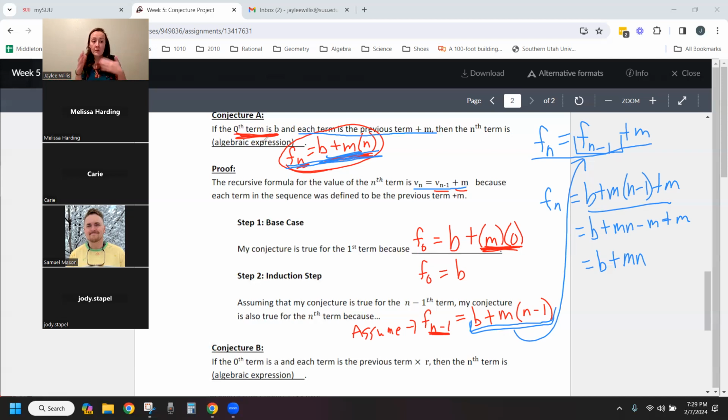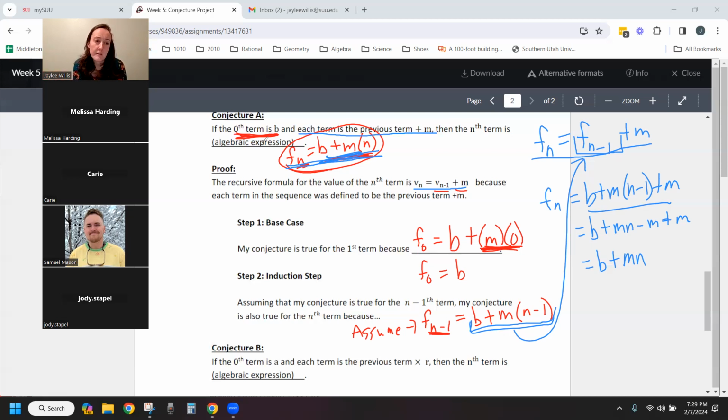And the reasoning behind why that logically proves that it's true for every number is because if you prove it's true for the 0th term, and you also prove that for any term, the one right before it implies that it's true for the term you're looking at, that means the 0th term implies that the first term is true, which implies that the second one is true, which implies the third and the fourth, literally on for infinity.